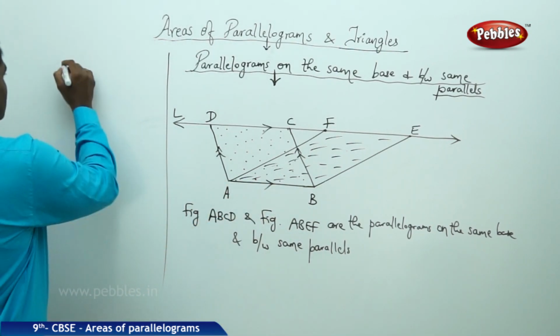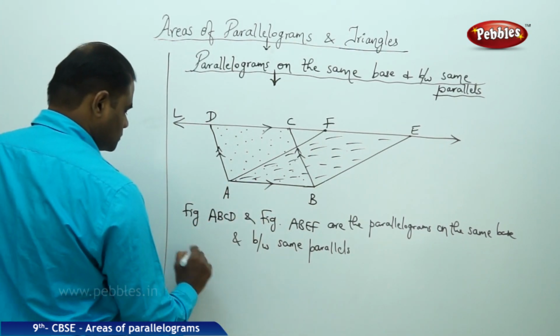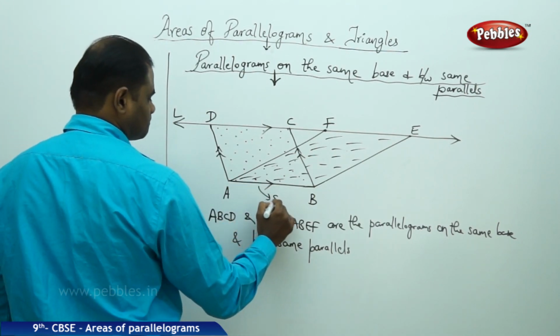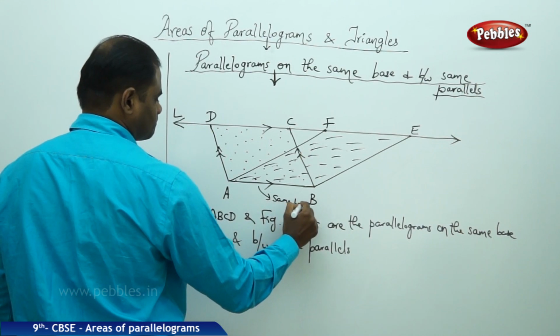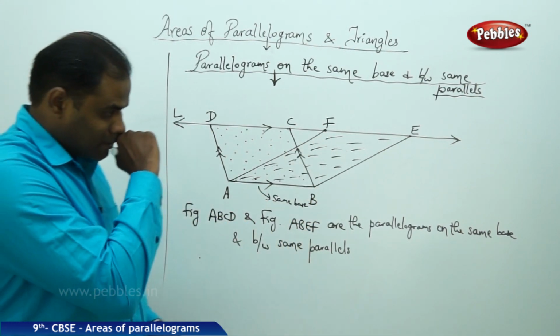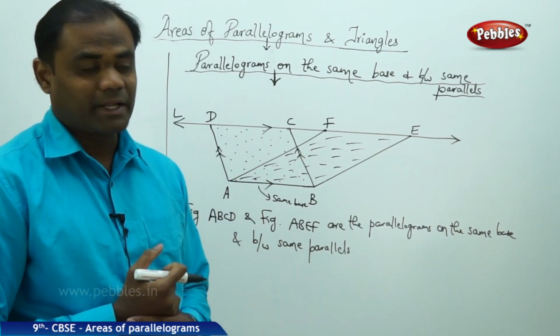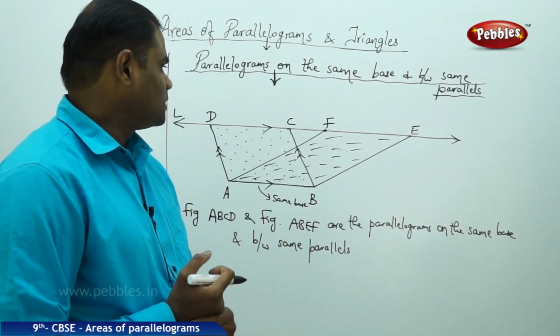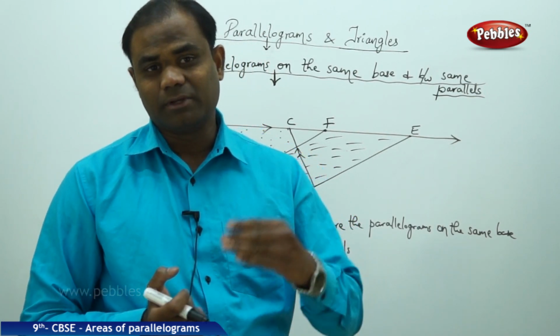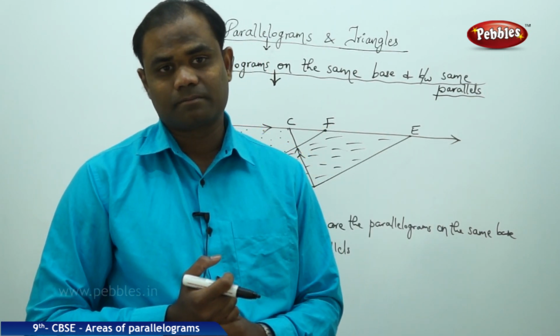The same base here being AB. And the parallel lines are L and AB. So let's see what is the property which connects the two parallelograms ABCD and ABEF, which are on the same base and between the same parallels.